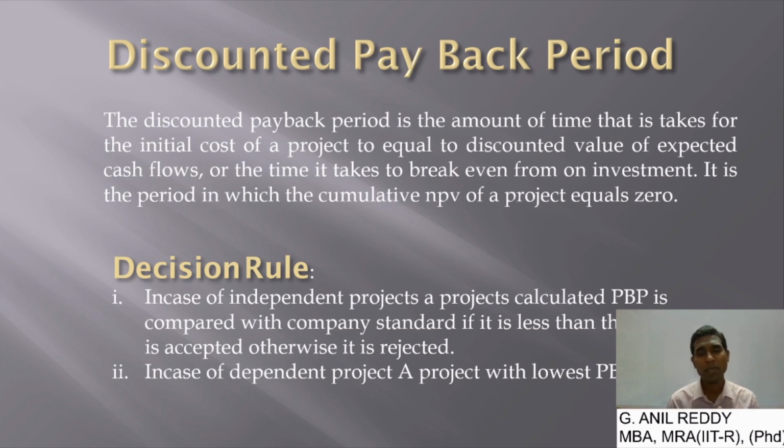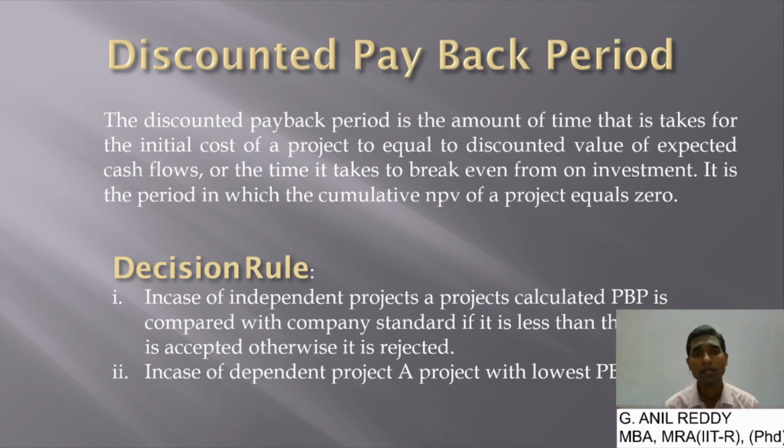Now that is the main difference between the traditional payback period and the modern discounted payback period method. The traditional payback period was not taking into consideration the time value of money, but under discounted payback period, this method considers the time value of money or time preference for money.